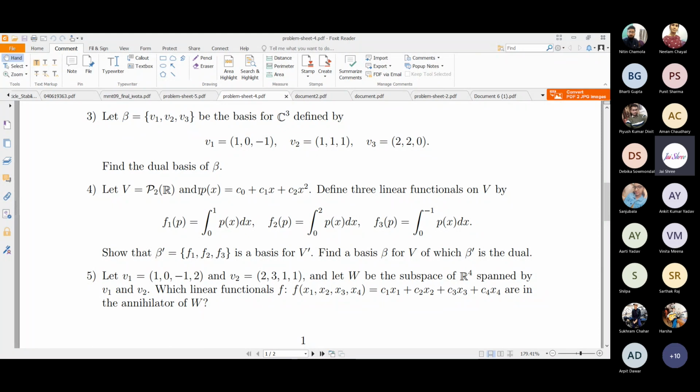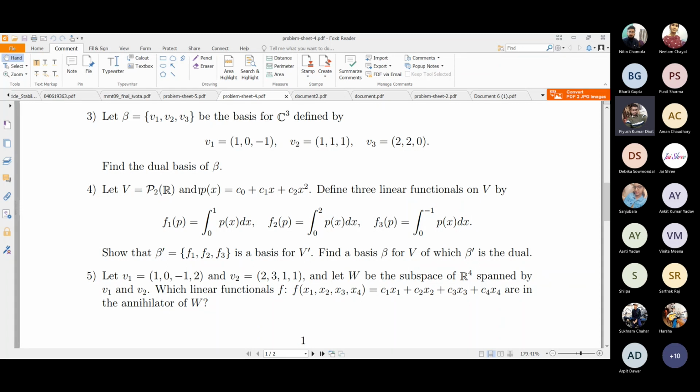Now, how will you find this dual basis? Take an arbitrary element of C3, (x1, x2, x3). Then x1, x2, x3 can be written as alpha 1 v1 plus alpha 2 v2 plus alpha 3 v3.